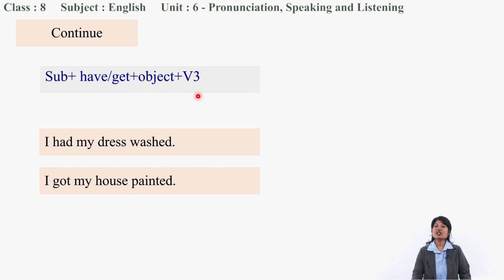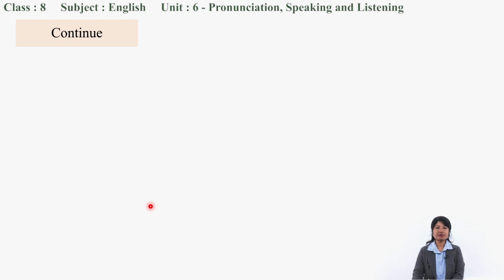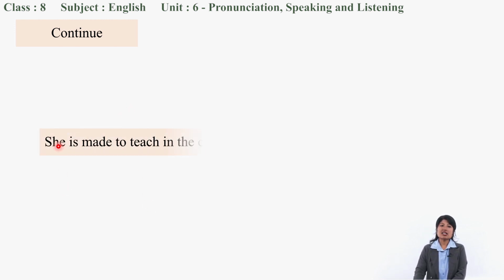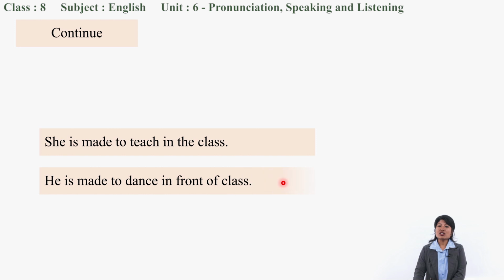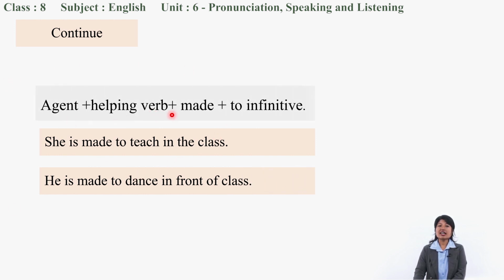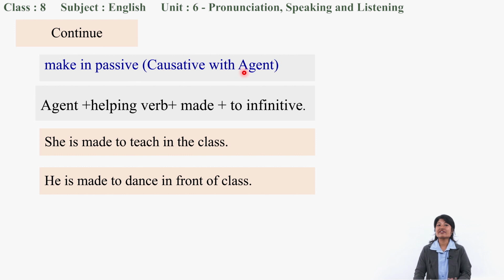So here we use the participle form of the verb, washed, painted. All right. Next, she is made to teach in the class. He is made to dance in front of class. Now the structure is helping verb, made, plus to infinitive. So this is passive structure. So make in passive structure.